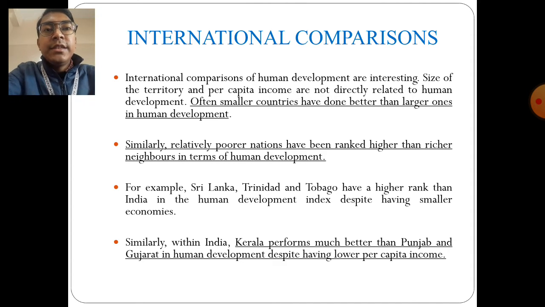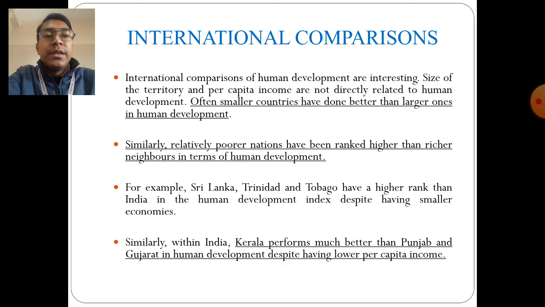Similarly, if we see the scenario within India, you will see that state-wise variation is also there in terms of human development. The states which are economically developed and prosperous have not necessarily scored a higher rank in human development.